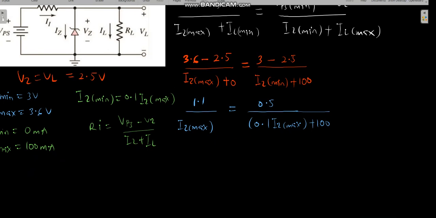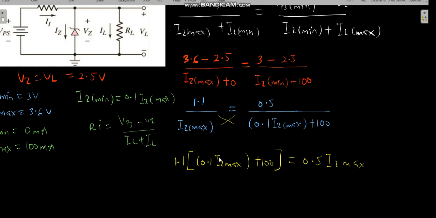You can solve for Iz max very easily. So let's do some cross multiplication here. That will be 1.1 into bracket 0.1 Iz max plus 100. This should be equal to 0.5 times Iz max. Okay, so this is what I have here.